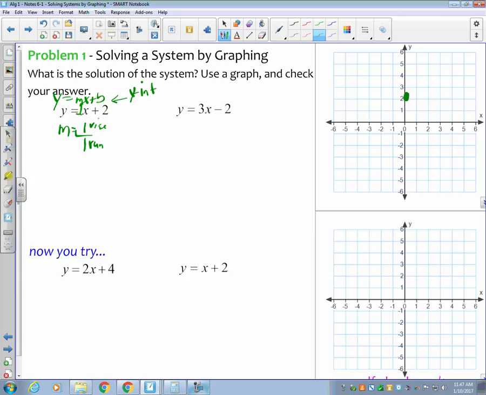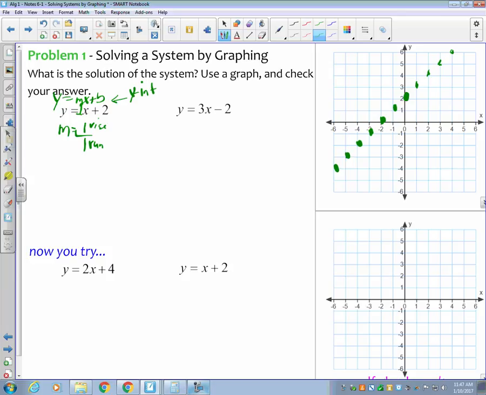Rise 1, run 1. And here's when you're doing a system, don't estimate your line. Use a straight edge and put as many rise over runs as you can. So I'm going to rise over run until I run out of graph, and I'm going to go backwards and follow that pattern until I run out of graph the other way.